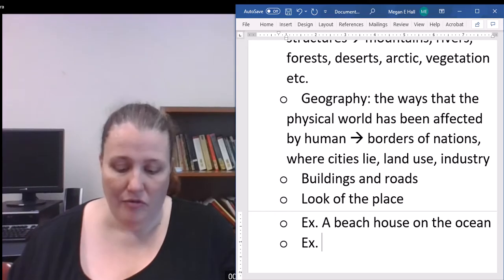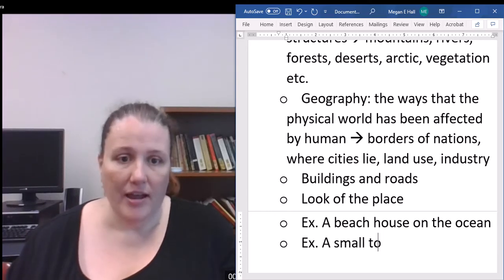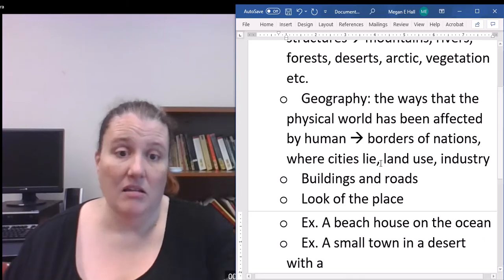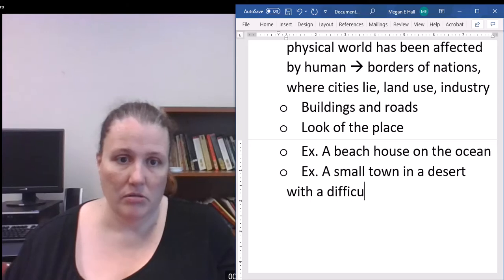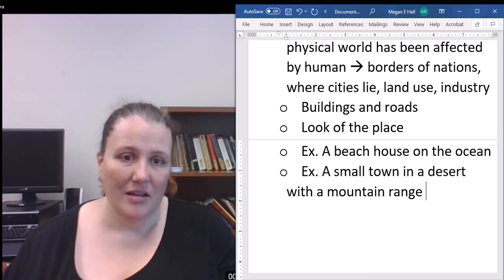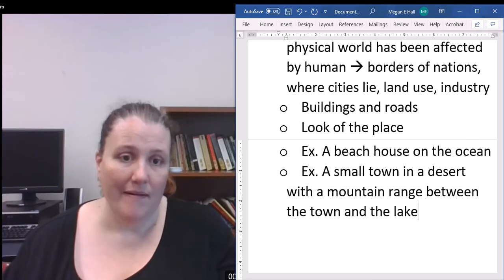Do we have a small town in a desert with a mountain range between the town and the lake?